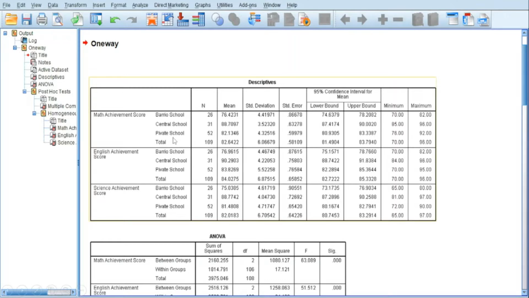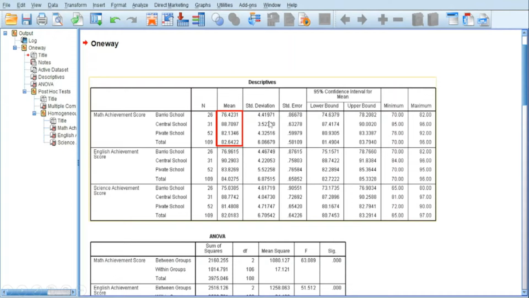Now, the first thing that you need to look at here will be the mean. You can see here that the students who came from central school got the highest mean of 88.71, followed by the students who came from private school who got a mean of 82.13, and followed by the students who came from barrio school which had a mean of 76.42. But these values will have meaning if you describe them.